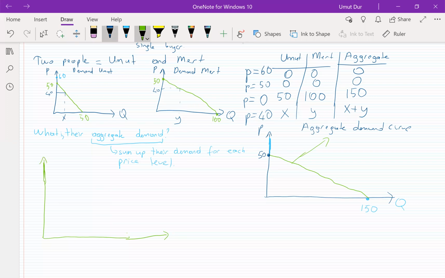This is the first individual, the demand curve for individual one, and let's say that this is the demand curve for individual two.